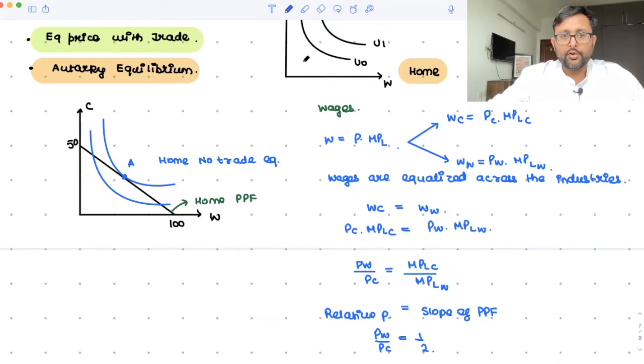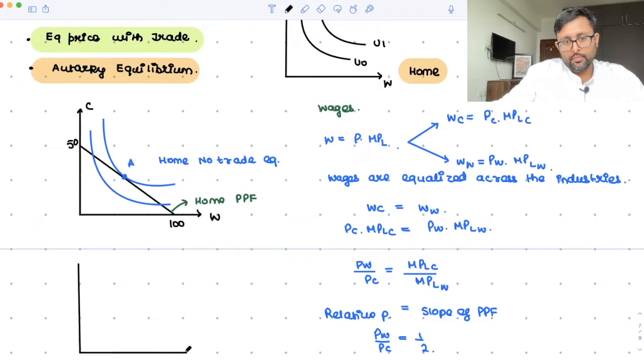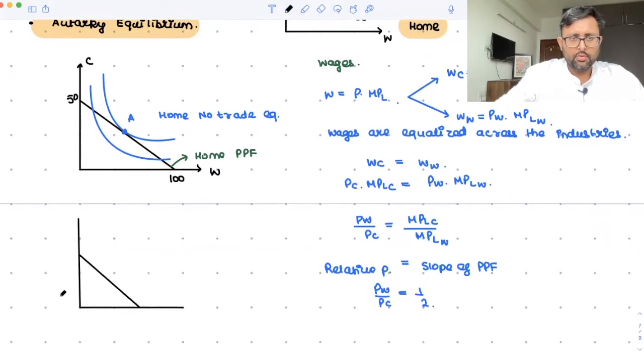What about the foreign country? Let me just draw it for the foreign country as well. So for the foreign country, I guess the PPF was 100. You have wheat here, cloth here. The slope of the PPF is 1.